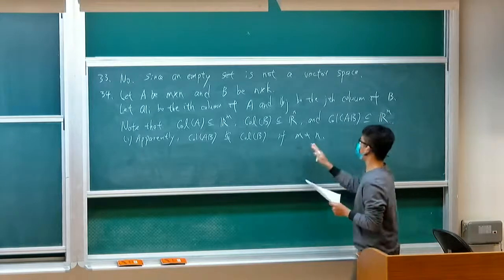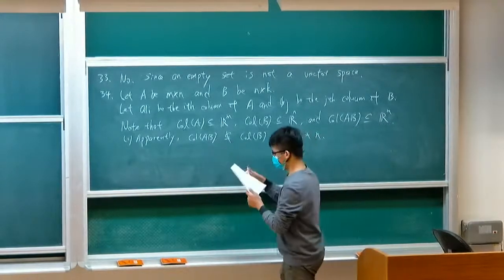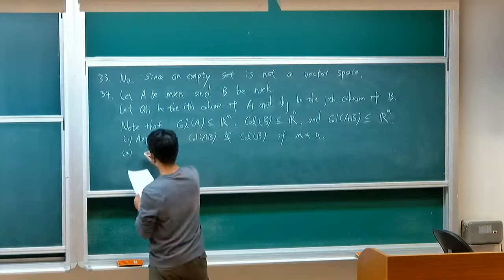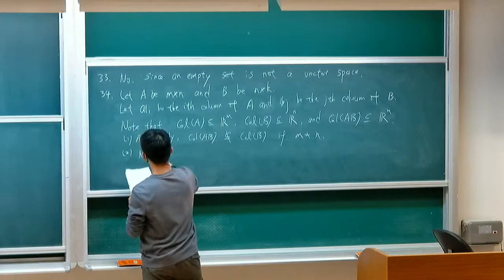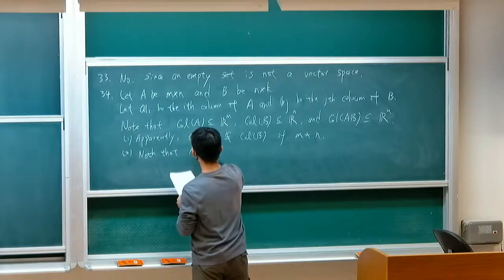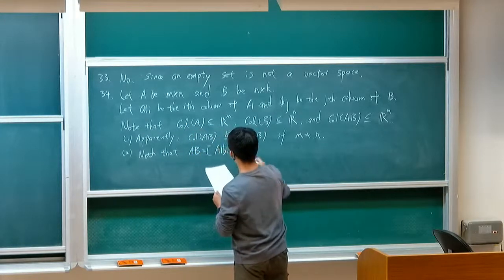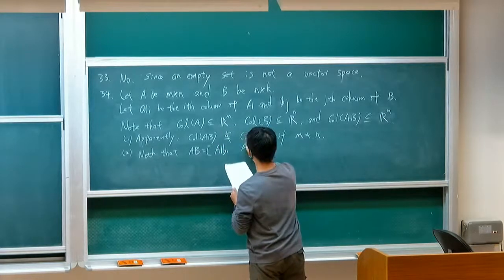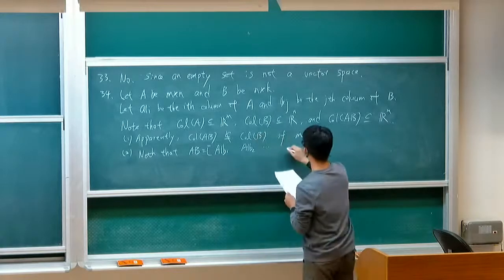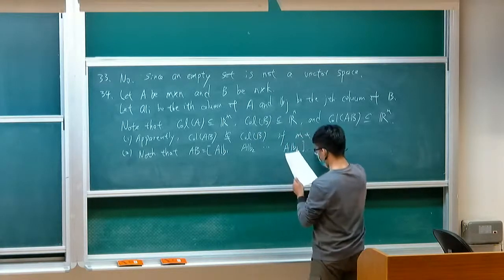Even if m is equal to n, this does not necessarily happen. Now let's go to the second part. First, we know that AB can be written as A times B1, A multiplied by B2, and so on, A multiplied by Bk.